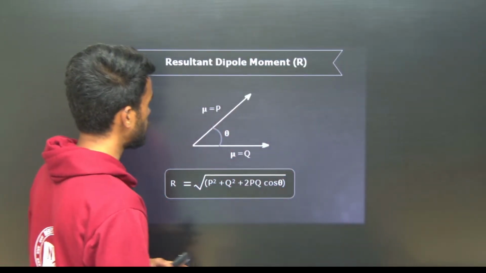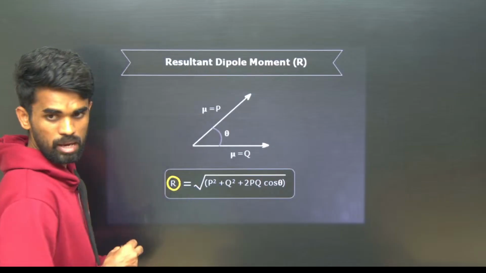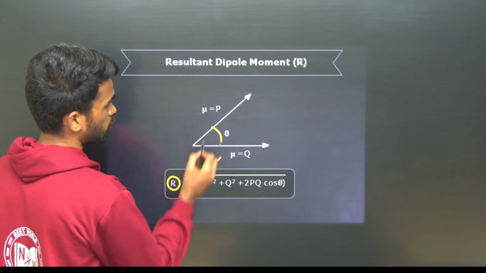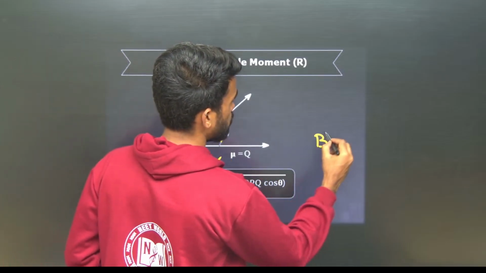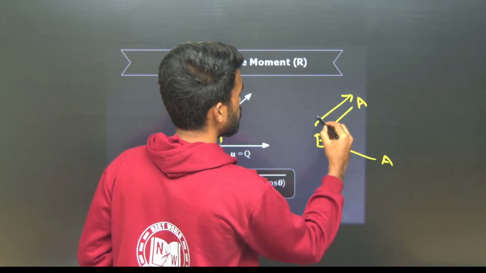Since it is a vector quantity, the resultant dipole moment is calculated using this formula. Theta is the angle, for example, I have a bond B, and a bond like this between two A atoms, with polarities like this.